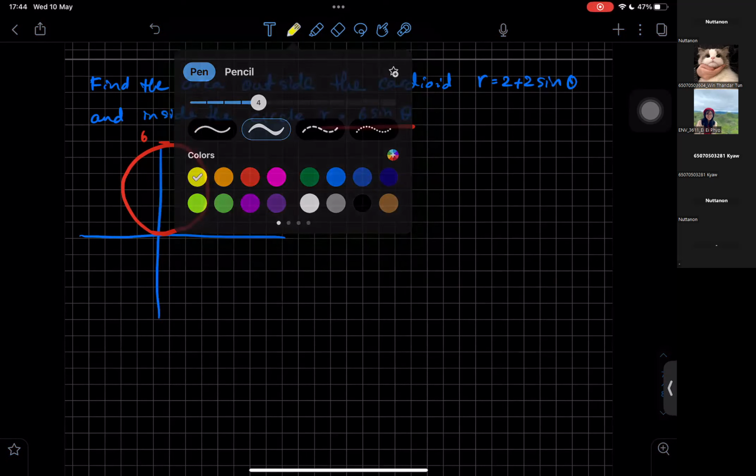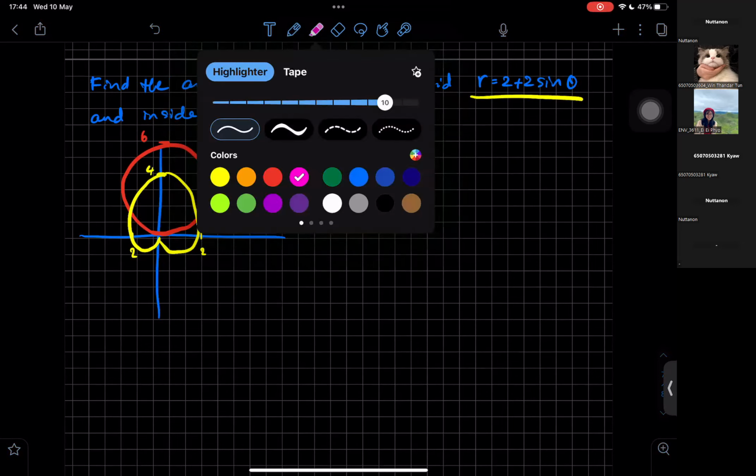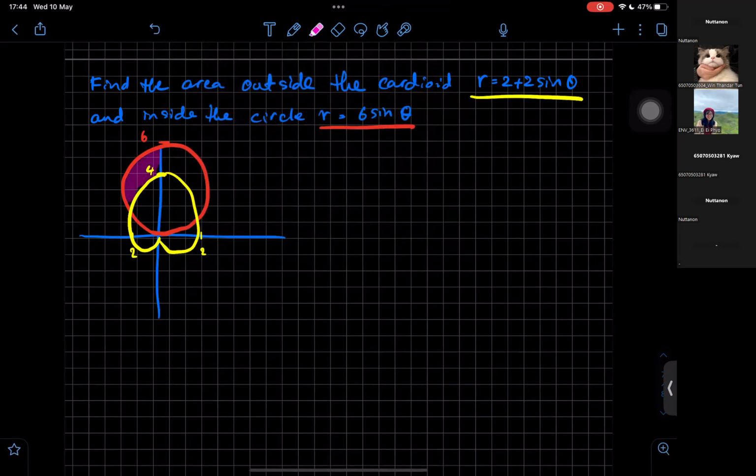For the other one, r equal to 2 plus 2 sine theta, it's going to be at 4. Here is going to be 2 and 2 like this. So it's going to be something like this. It said outside the cardioid, inside the circle, so it's going to be over here. This is the area that we want.